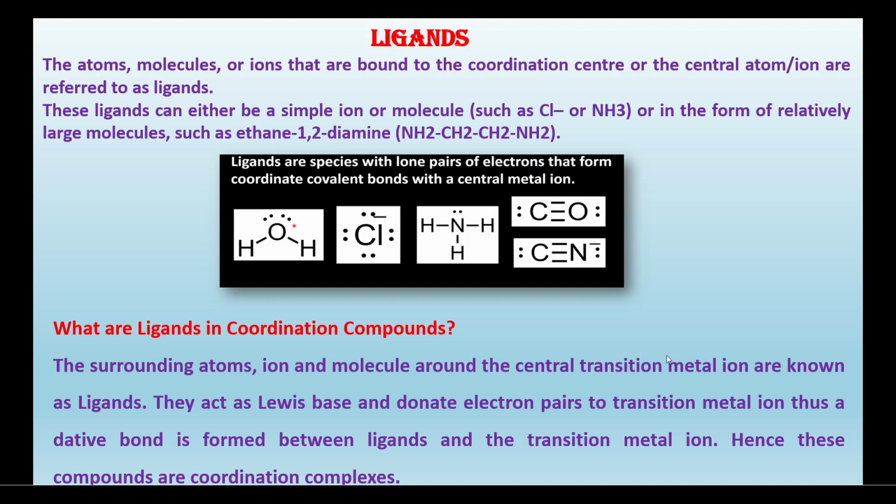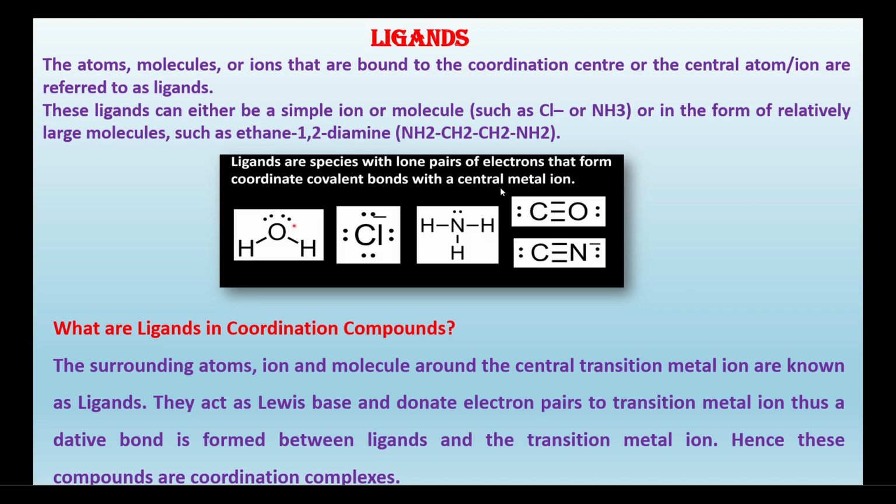The surrounding atoms, ions or molecules around the central transition metal are also known as ligands. A ligand acts as a Lewis base, which donates an electron pair to the transition metal, forming a dative bond. The dative or coordinate bond formed by the ligands with the transition metal ion gives compounds called coordination complexes.